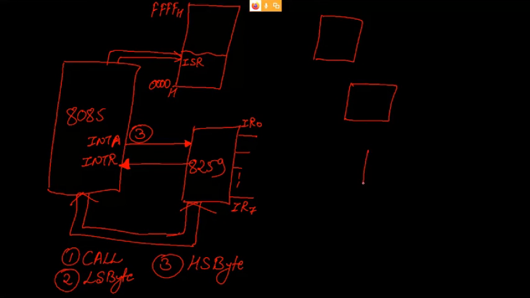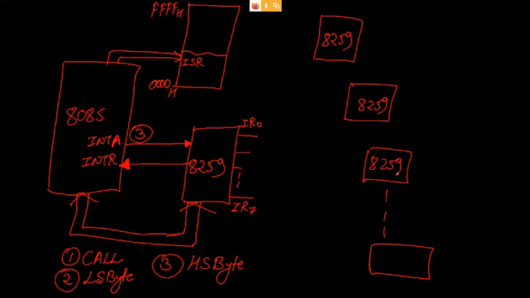then in that case you will have multiple 8259s. So each 8259 has got its own INT line, the interrupt line. That INT line is connected with the master.